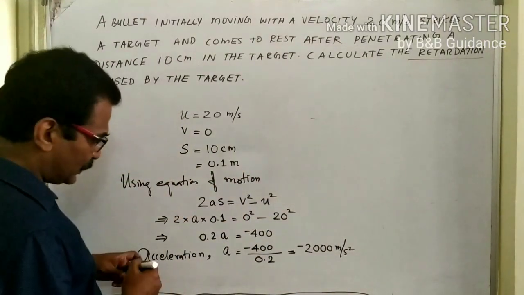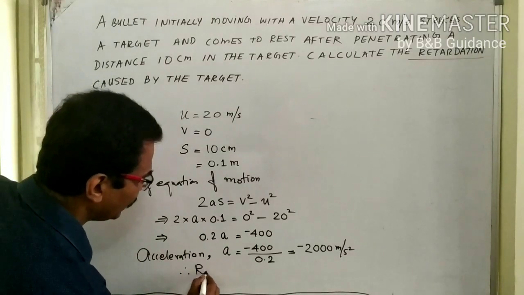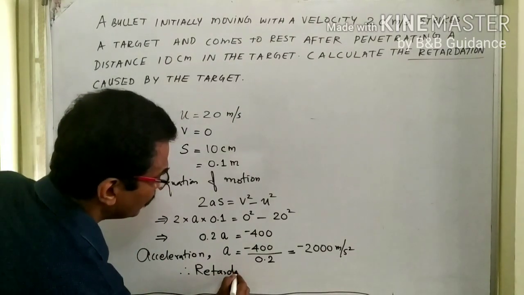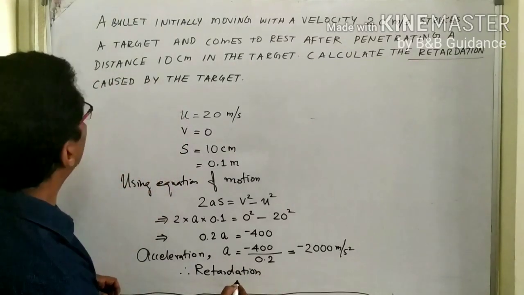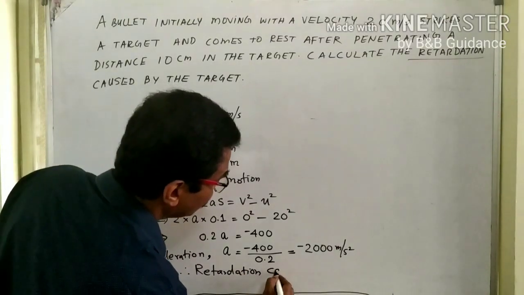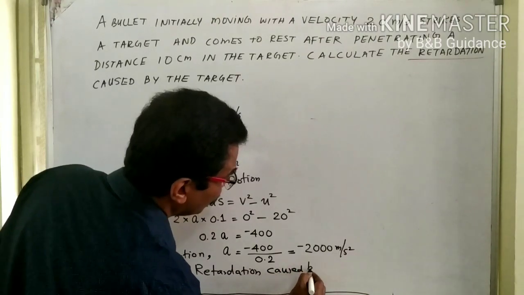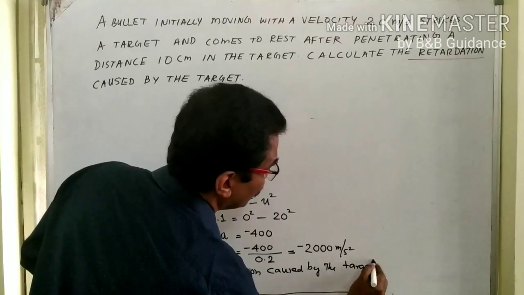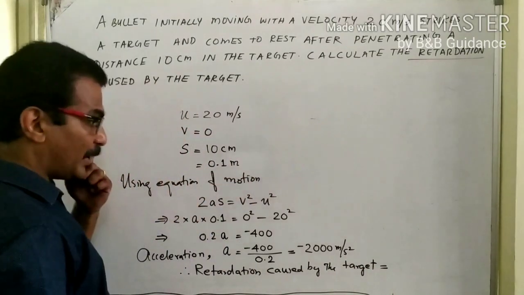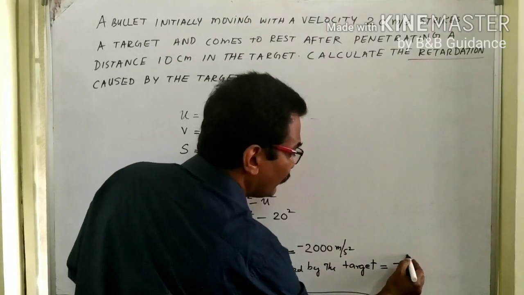So your final response can be like this. Therefore, the retardation caused by the target is equal to the negative of acceleration.